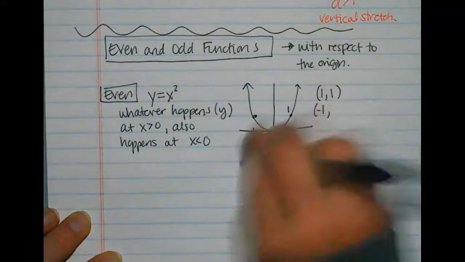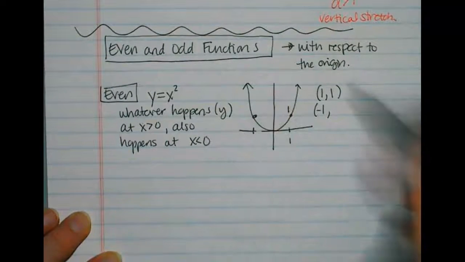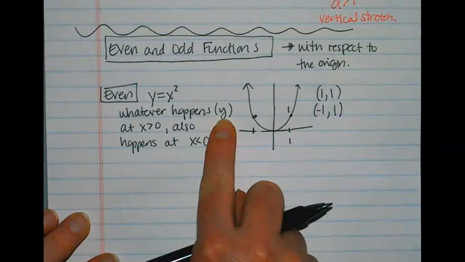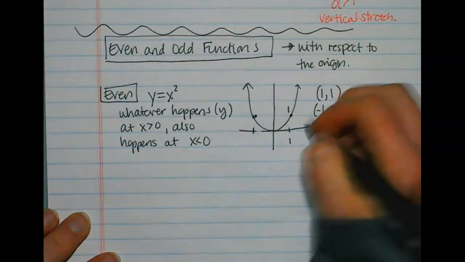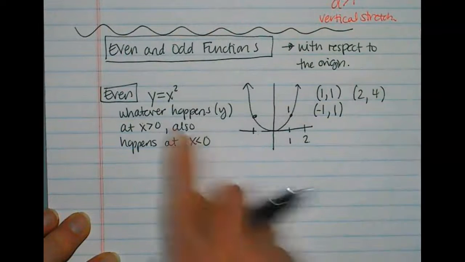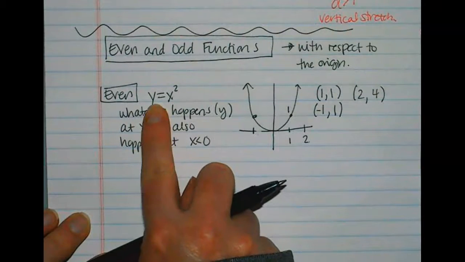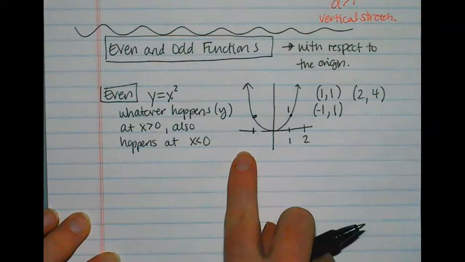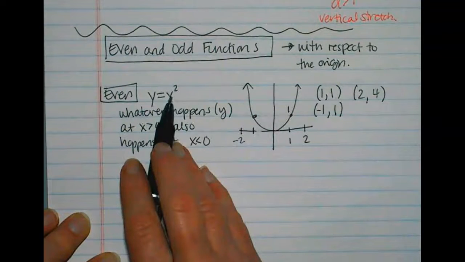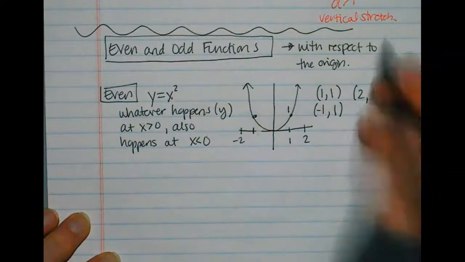There we go. So at negative 1, I get the same y value. The same would be true for 2. At 2, we would get 4. 2 squared is 4. And at negative 2, we would put it here. Negative 2 times negative 2 is also positive 4.